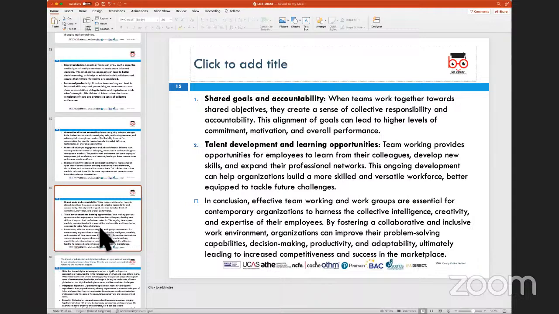And if somebody falls behind, then the other member, because of how they work and being in the same team, is able to pick it up and still achieve the objective within the time frame which the organization wants.